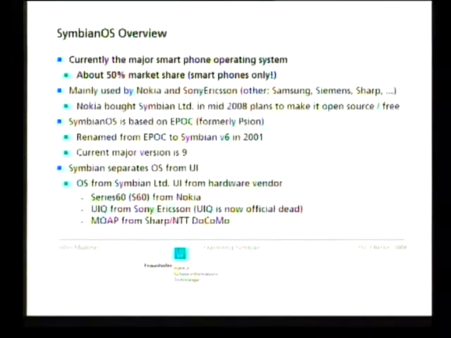If you want to do hardcore mobile phone security research, Symbian is your Windows XP or whatever. It's mainly used by Nokia and Sony Ericsson. It was recently bought by Nokia, so they will make it open source or make it free, something like that.